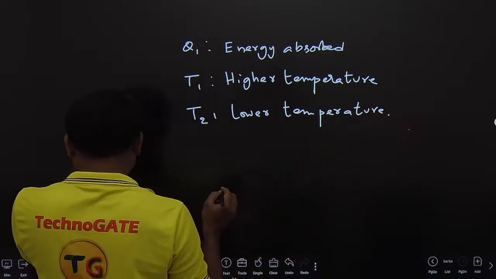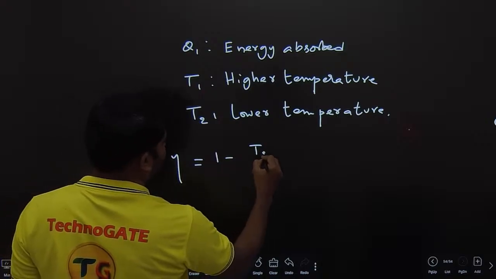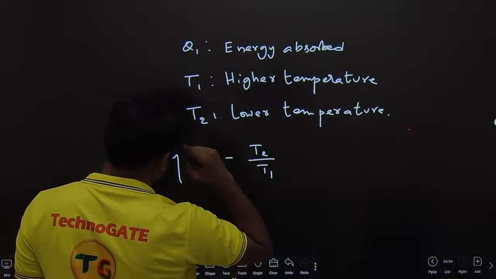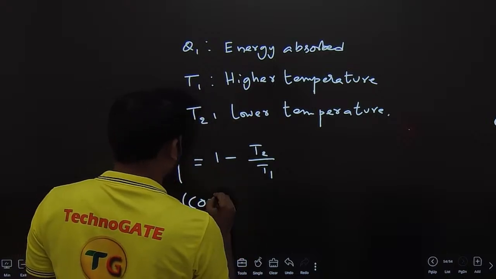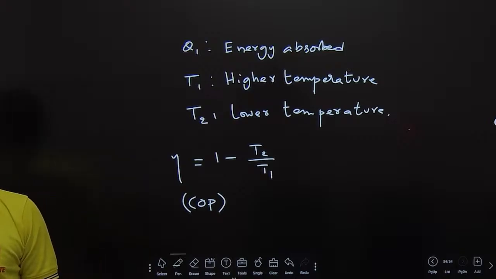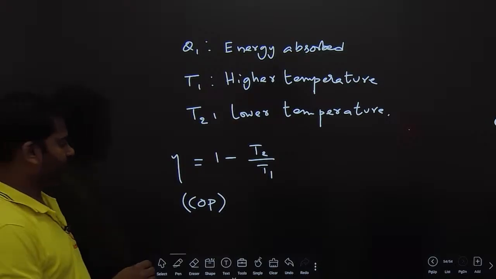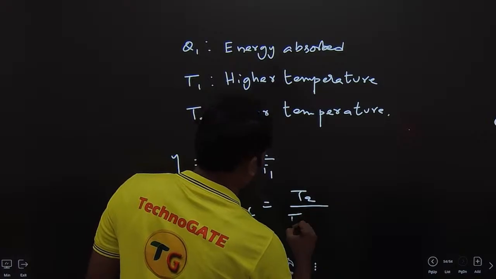Clear? Efficiency of a Carnot engine is 1 minus T2 by T1. And if you take the COP of a refrigerator, it is T2 by T1 minus T2.